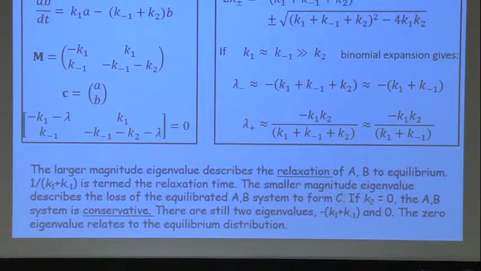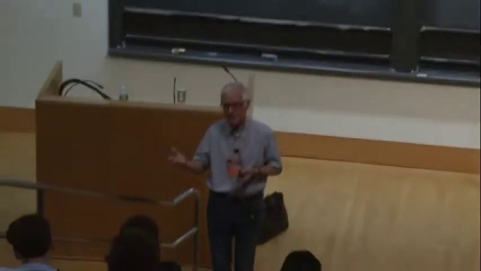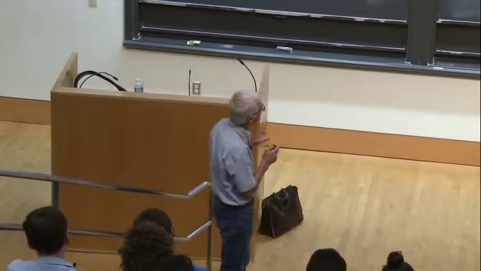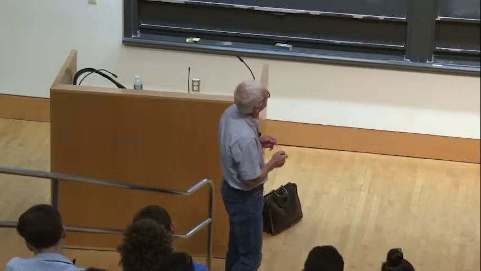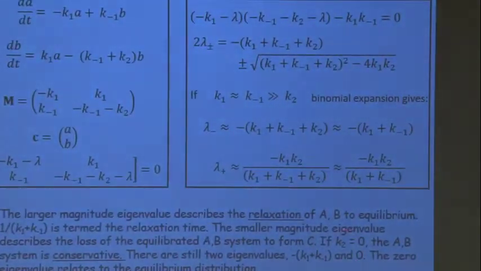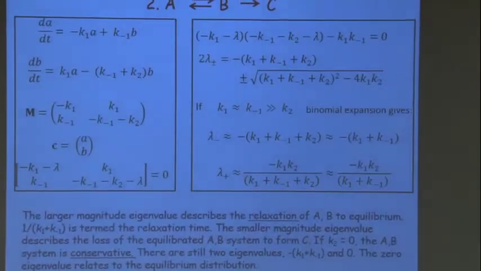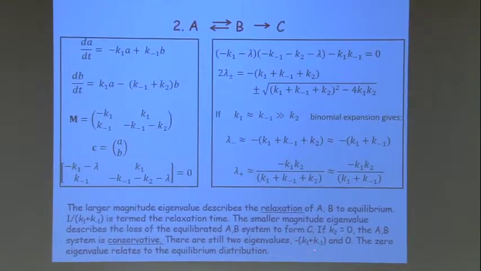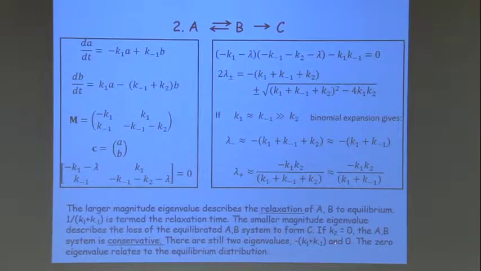And that smaller eigenvalue describes the equilibrium situation. So if you have a system like that, where you're approaching equilibrium, then the eigenvalue associated with that is going to be equal to 0. So there are still 2 eigenvalues, minus (k1 plus k minus 1), and also 0. And the 0 eigenvalue relates to the equilibrium distribution.